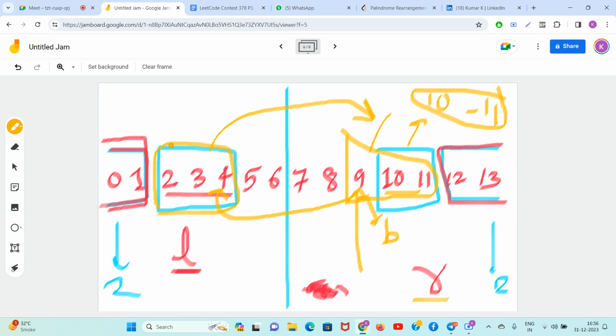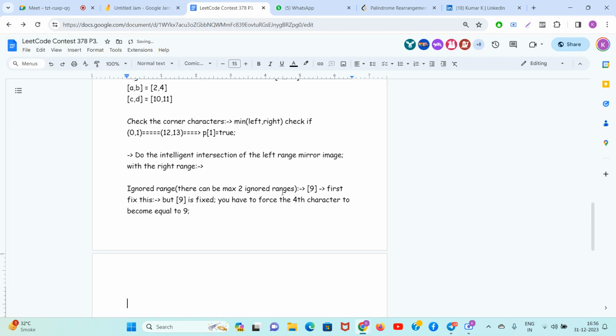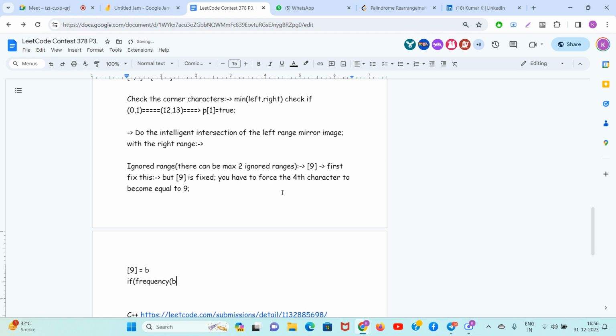If it is coming even a single time, you will just pick it up and put it at the fourth position. If the frequency of B from index 2 to 4 is greater than equal to 1, then yes, your job is done, buddy.